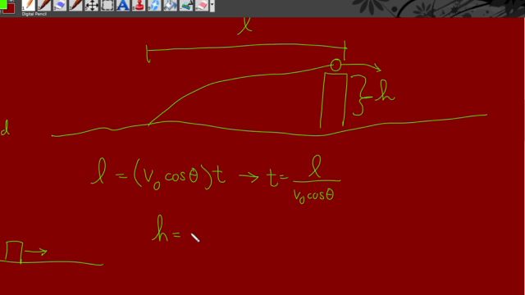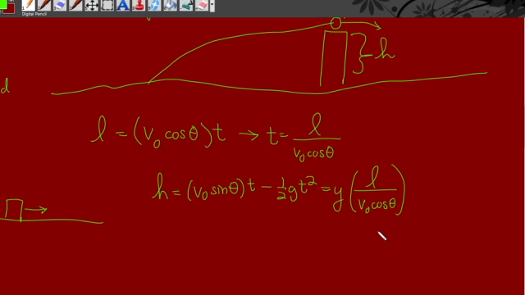H is equal to V naught sine theta T minus 1 half G T squared. But we know the ball has to reach a height of H at this time when it also reaches horizontal displacement of L. So we can just plug in the time here, which is L over V naught cosine theta.